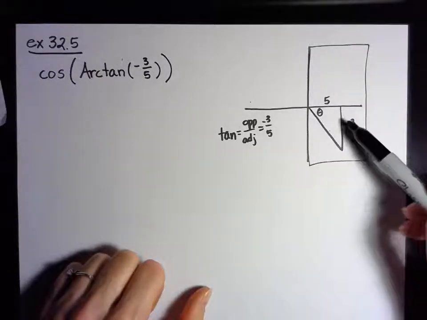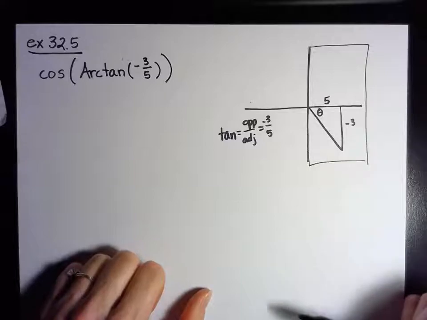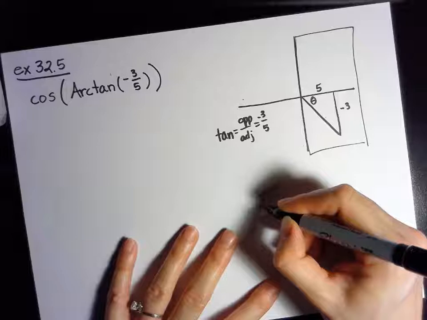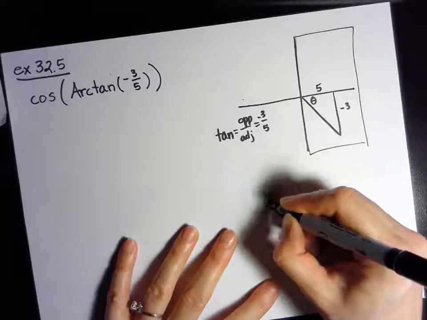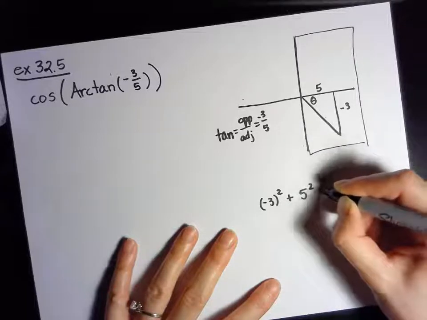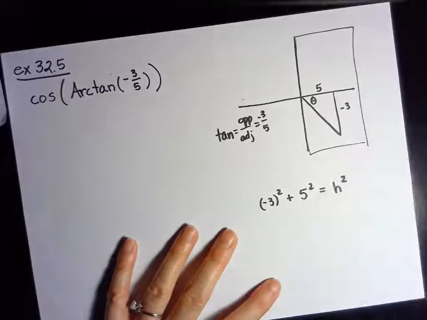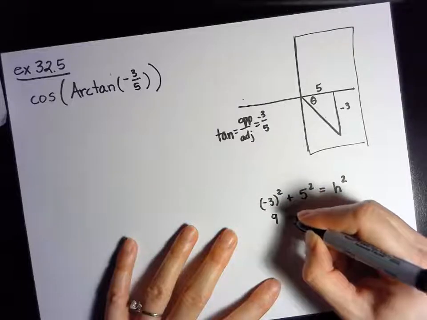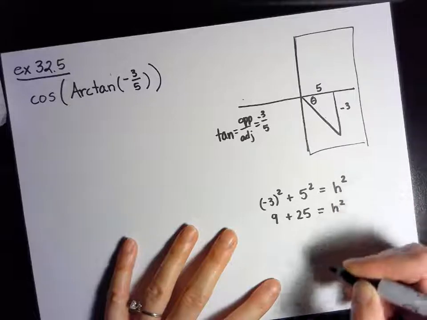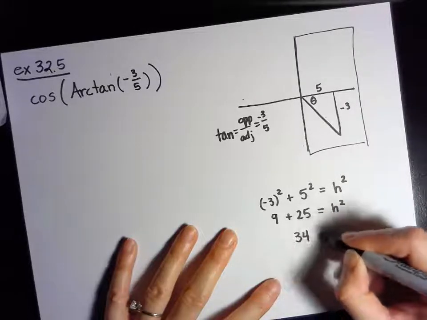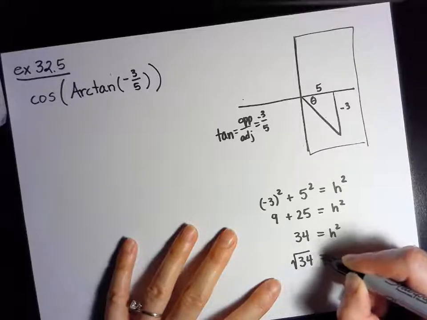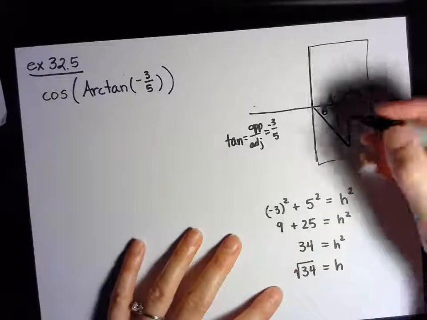Well, the -3 squared plus 5 squared has to be the hypotenuse squared. So 9 plus 25 is the hypotenuse squared. This is 34, so the square root of 34 is the hypotenuse.